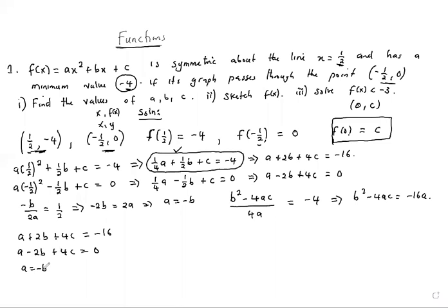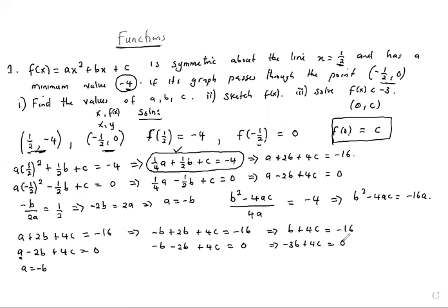So where there is A, we'll take -B so that we have -B plus 2B plus 4C is -16, and -B minus 2B plus 4C is equal to 0. This means that we have B plus 4C is -16, and -3B plus 4C is equal to 0.